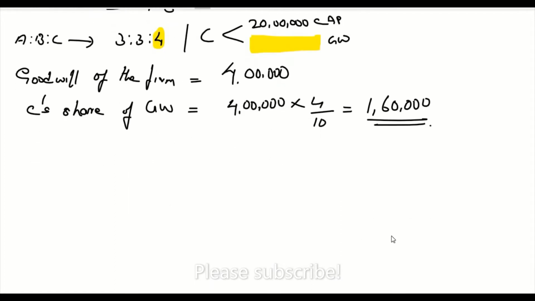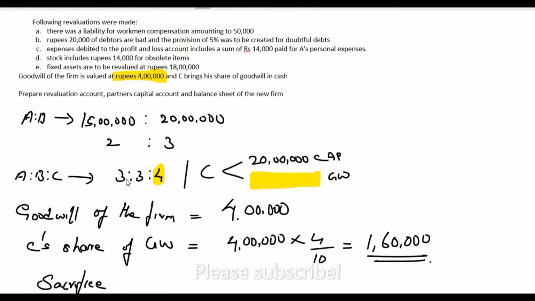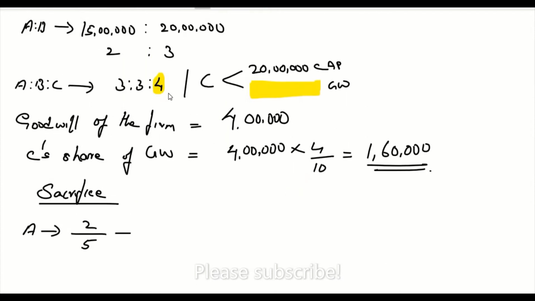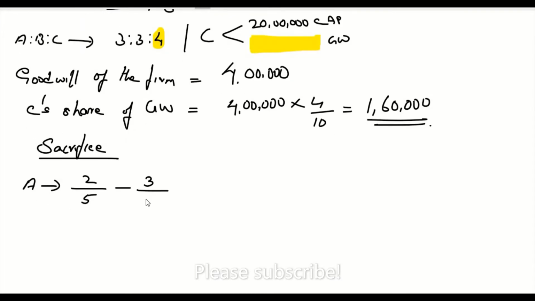Now we calculated C's share of goodwill. We should also calculate the sacrificing ratio. Sacrifice for A, his original share is 2/5 and his new share is 3/10. So 2/5 minus 3/10, that is equal to 1/10.